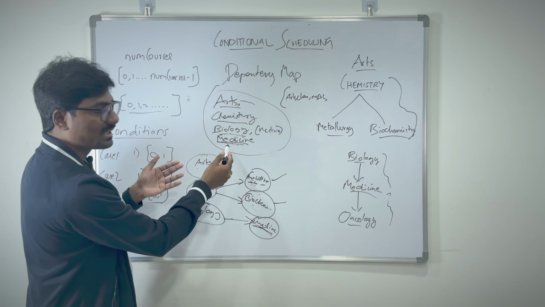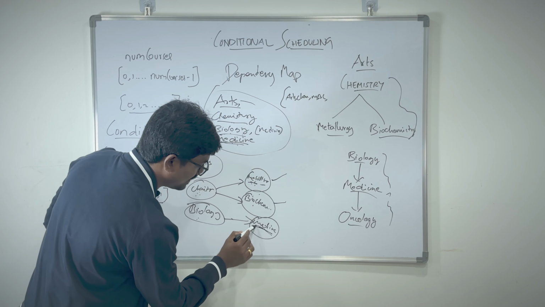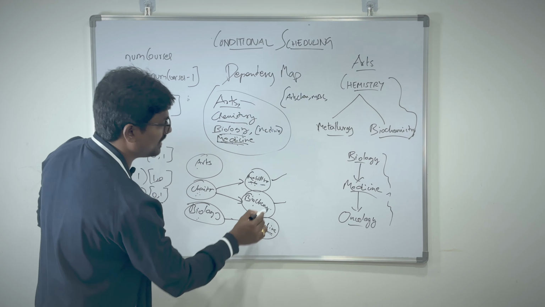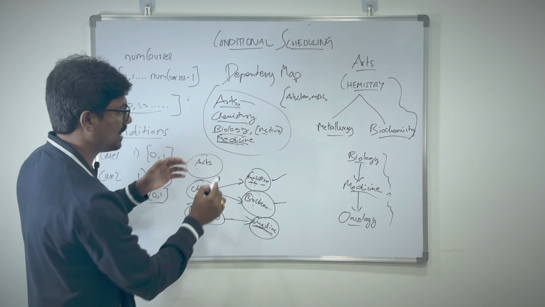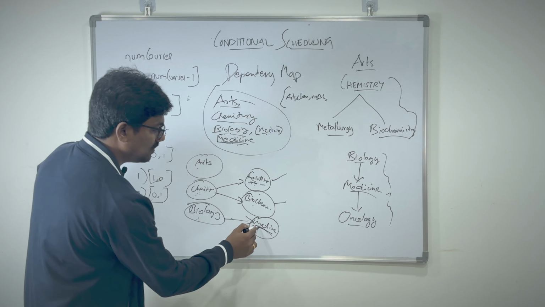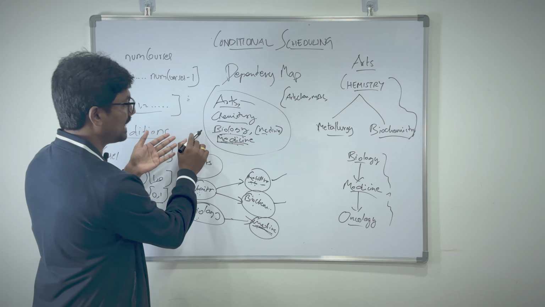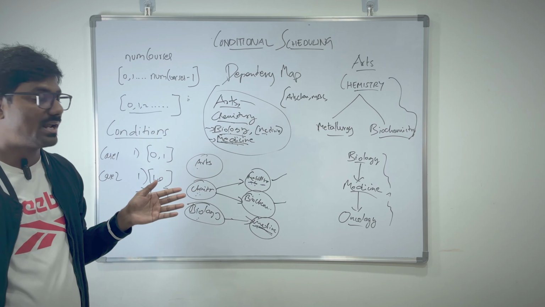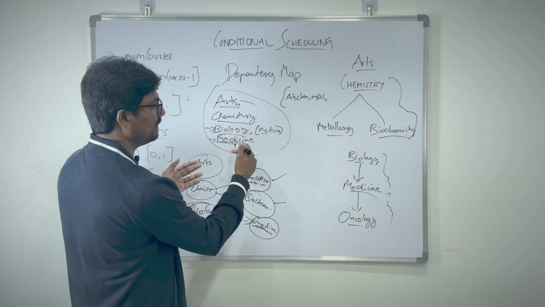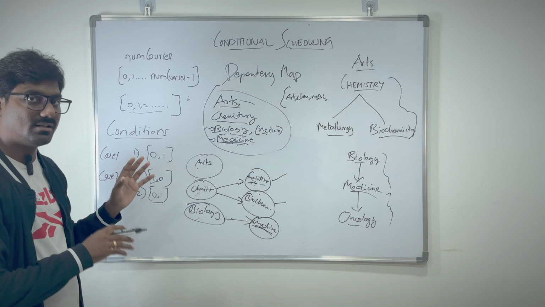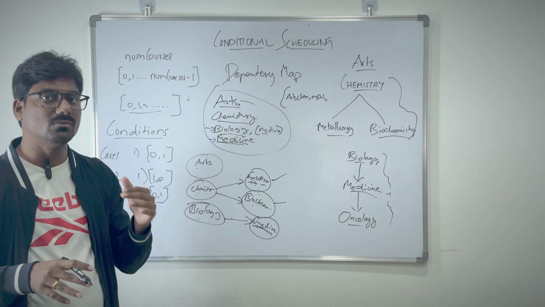But you're not checking the next key here. Since you reached medicine as a value of the biology key, you are actually checking if medicine is there as a key itself. It's not going to the next key. You're coming to this key from this value. So in the code you have to take care of that.